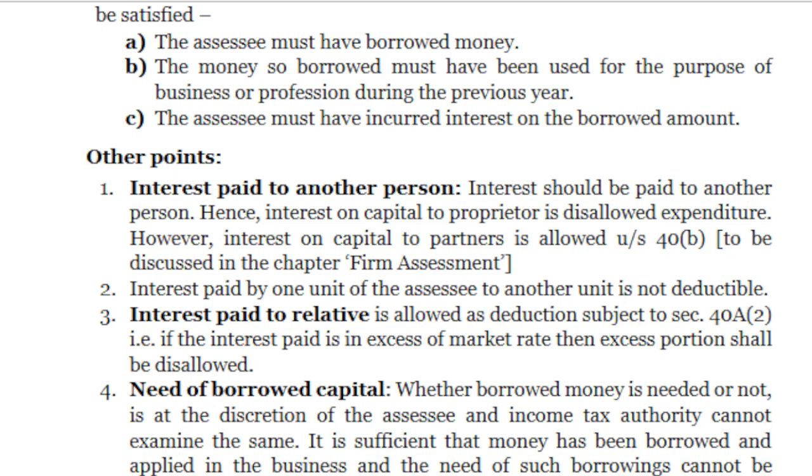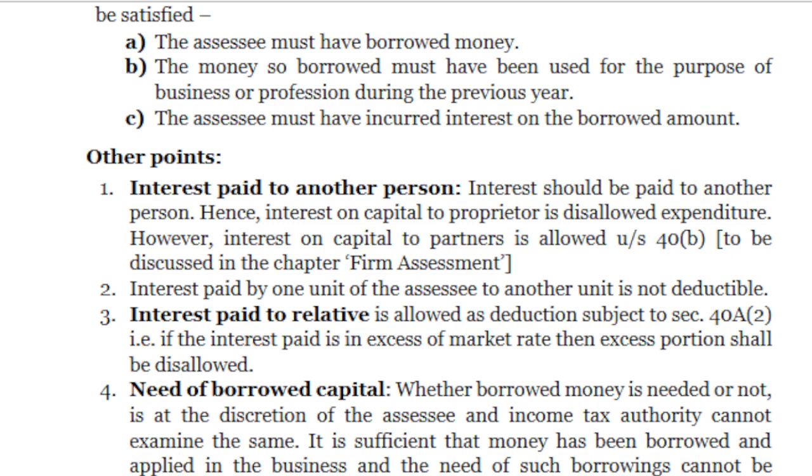Okay, very good. Suppose your organization has two departments. So one department purchased some material from another department. Now, because there is a delay in payment, some interest is charged. Now that interest, will it be allowed as deduction? Or suppose one department took loan from another department. Think about Adani.